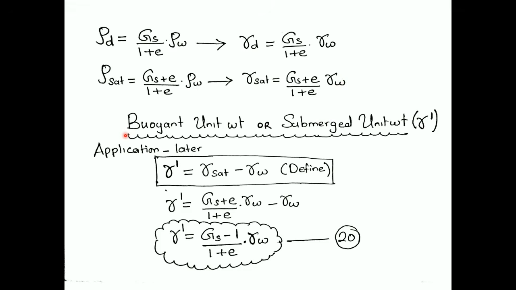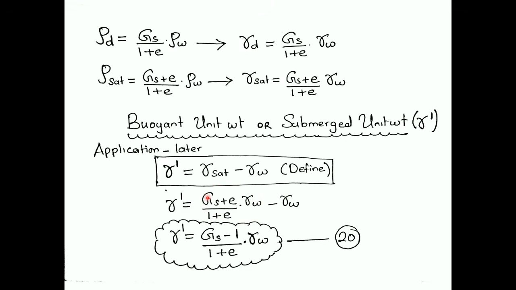Next, an important one: buoyant unit weight, or submerged unit weight, gamma dash. Its application comes later; it is a necessary parameter for effective stress calculation in soil. The definition of gamma dash is gamma saturation minus gamma w. Gamma saturation is equal to Gs plus e, gamma w over 1 plus e.